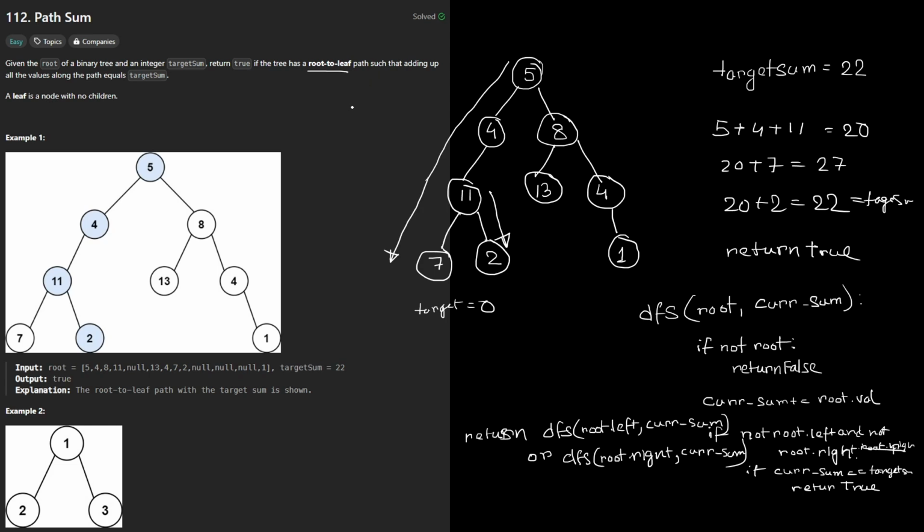So even if our target sum is 0 and we are getting a null tree, in that case also we have to return false because it's not a root to leaf path. So we are only going to calculate the sum of root to leaf path. So that's something to be taken care of, and our pseudo-code that I have written is going to take care of it. Now let us jump to the Python solution.